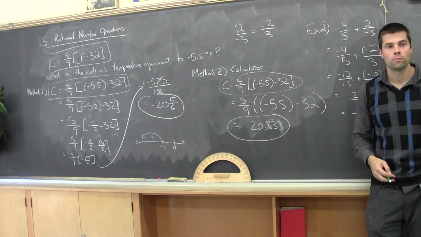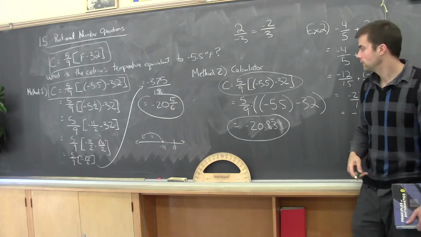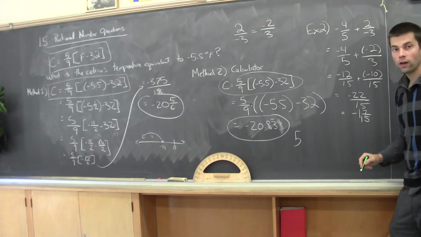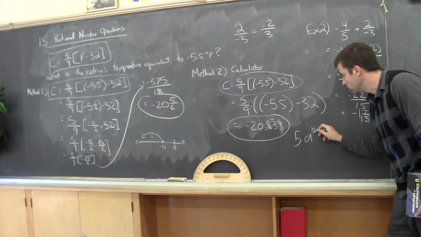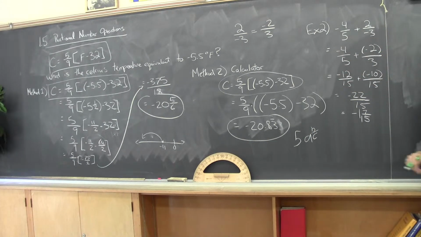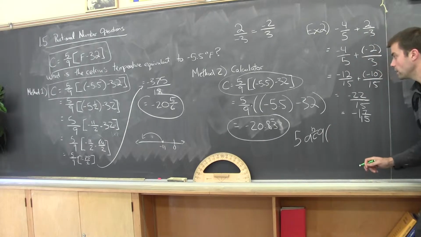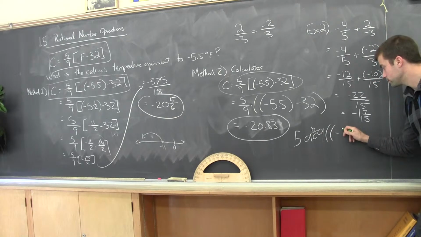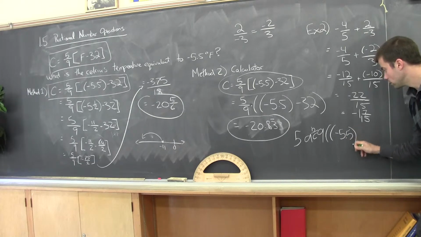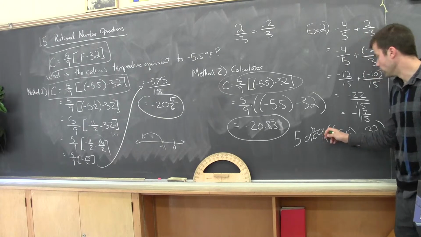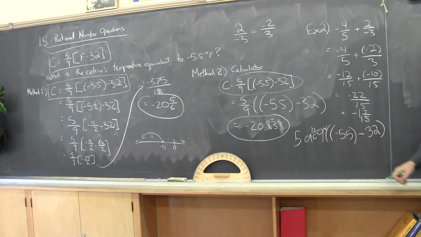Yes, Jesse? How do you do 5/9? So 5/9. In your calculator, you would type this in. 5, this button. It's your fraction button. If you don't have that button, you should get a new calculator. 9, bracket again. That's it. Oh, sorry, you probably don't need that multiplication sign there. The brackets will know.